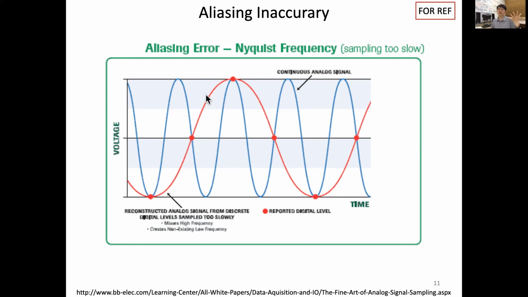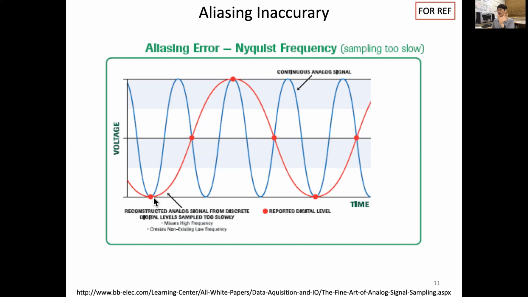So we will reconstruct this as a sinusoid. Then you will see a new curve formed as the reported digital level, which you can notice is completely different from the original signal. In this case, from here to here, there is one period of this reported digital signal.